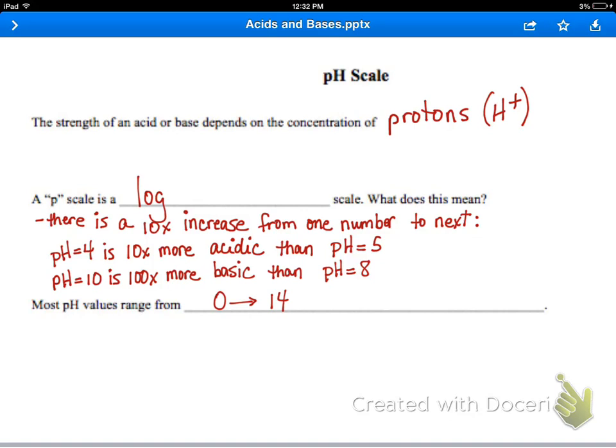And from pH 10 to pH 8, pH 10 is 100 times more basic because it's a 2-number jump. So for every number, it's times 10. If it was a 3-number jump, it would be times 1,000, 10 times 10 times 10. Most pH ranges go from 0 to 14. There are some cases for really strong acids that have a pH below 0, but that isn't very common.